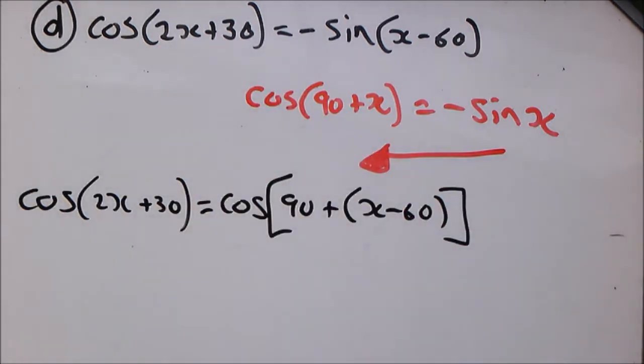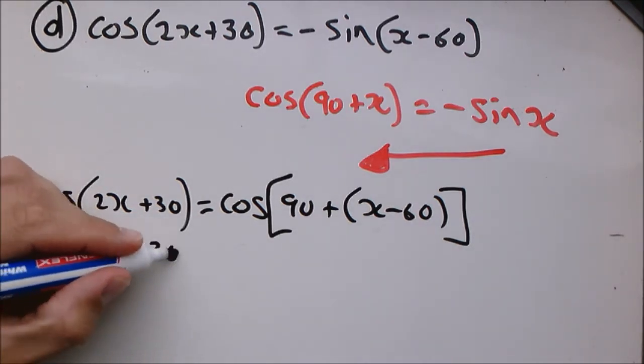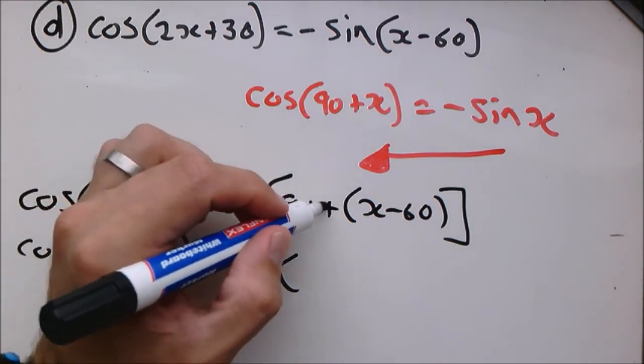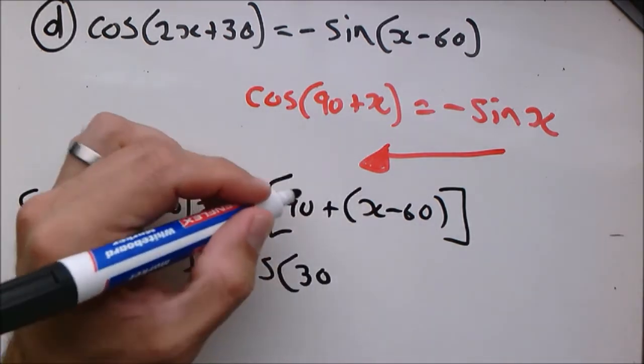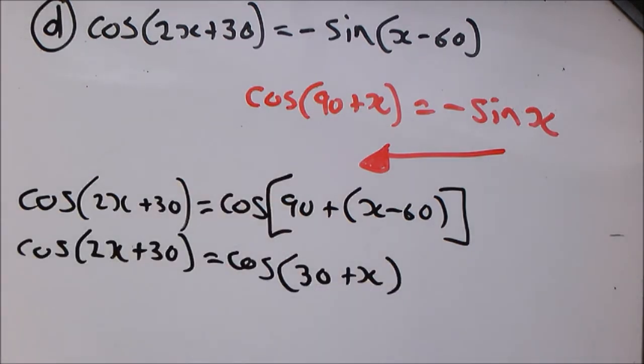And now we've got the same functions, so we can work with this one further. I would first like to simplify the bracket on the right hand side. So 90 minus 60 becomes 30, and the x is an x. Okay.